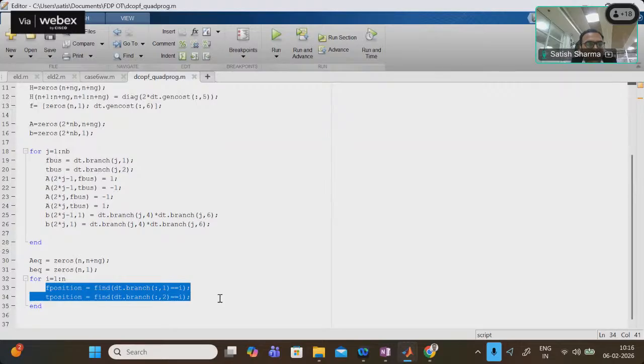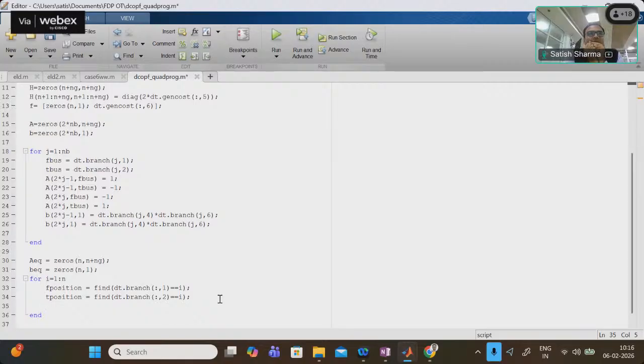Once this has been identified, I can apply a loop. I have to put everything here. So let's say for j equals 1 to length of from position, whatever is the length of the from position, I will apply that loop for this particular node.